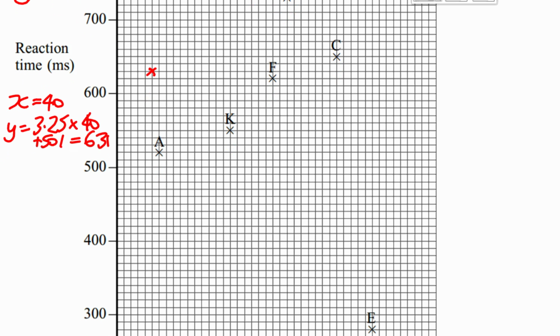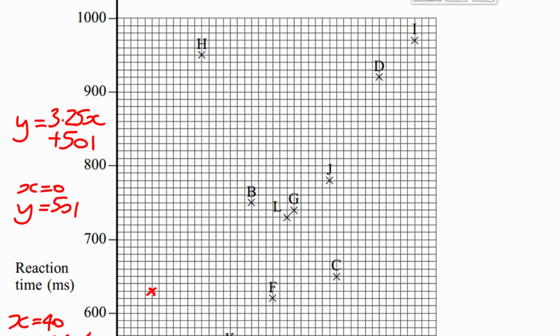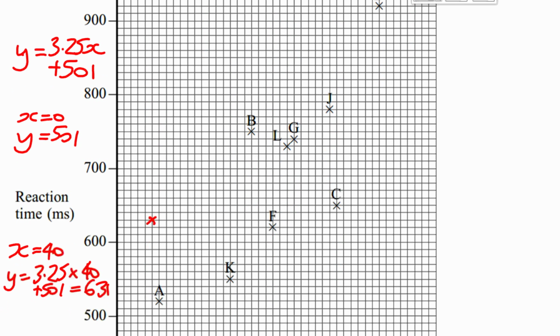Okay, let's go to the other end. Let's have a look at 80. When x equals 80, which is the right hand edge of the graph, y will equal 3.25 times 80 plus 501, sorry, I said 40 there, I meant 80.